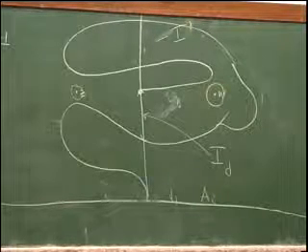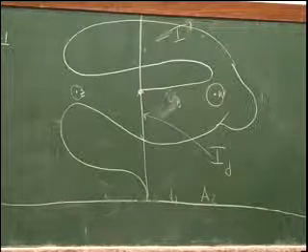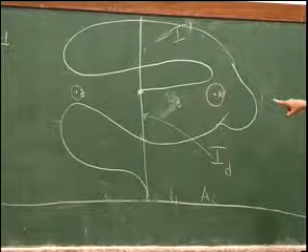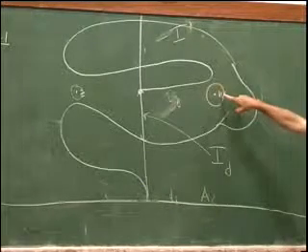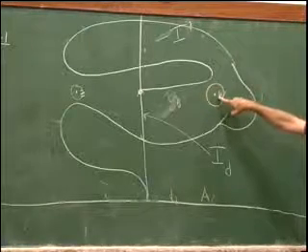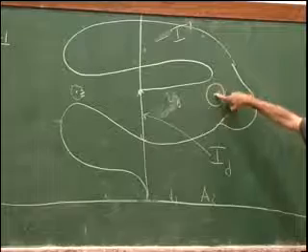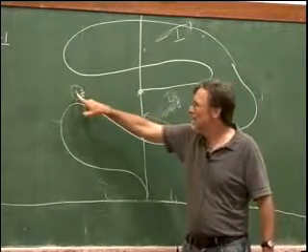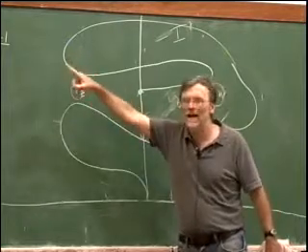And you may note the picture here. Basically, W and Z are not symmetric in this picture. W, to reach infinity, has to go this way. Z to reach infinity can go that way.